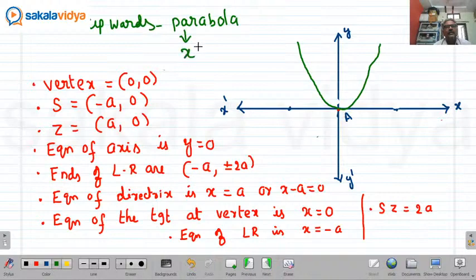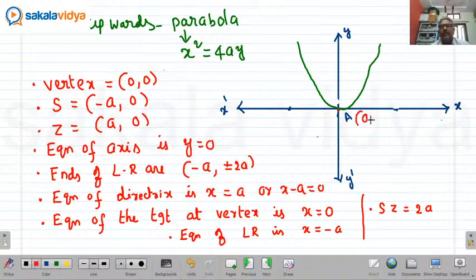Equation will be x square equals to 4ay. Upwards parabola. Understood now?